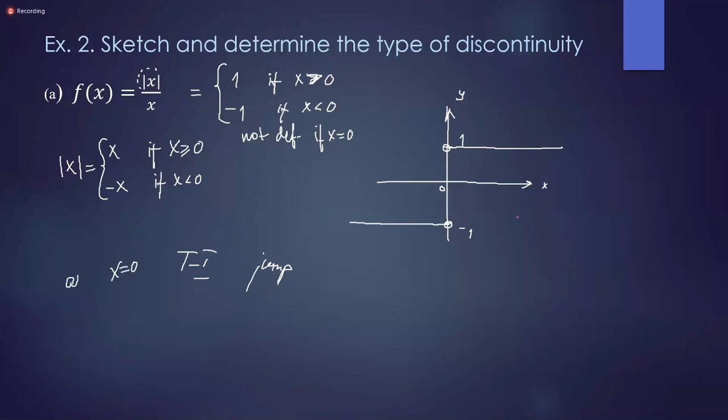So similar situation in the unit test. You have to write down which point, which type, and then if it's type 1, you also have to note whether it's jump or removable. So we see that we have one point of discontinuity, and it is at x is 0, and it's type 1 jump discontinuity. Because you see the jump here.